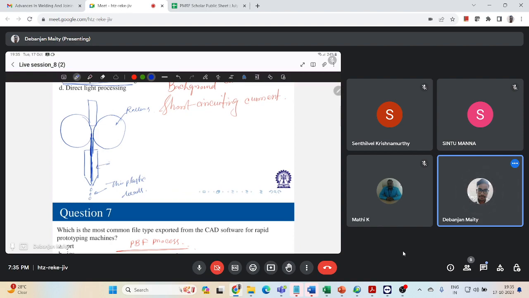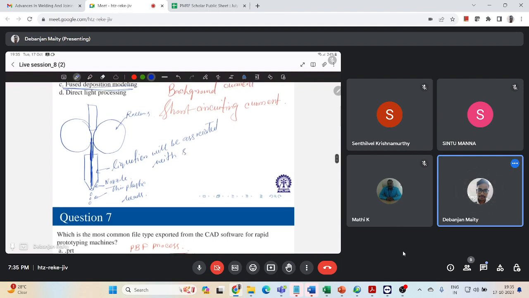This is a nozzle, right? We have this nozzle through which the plastic bits are coming out, and the liquid solidifies. It will be associated with some kind of heater and thermocouple to heat up the material during extrusion.